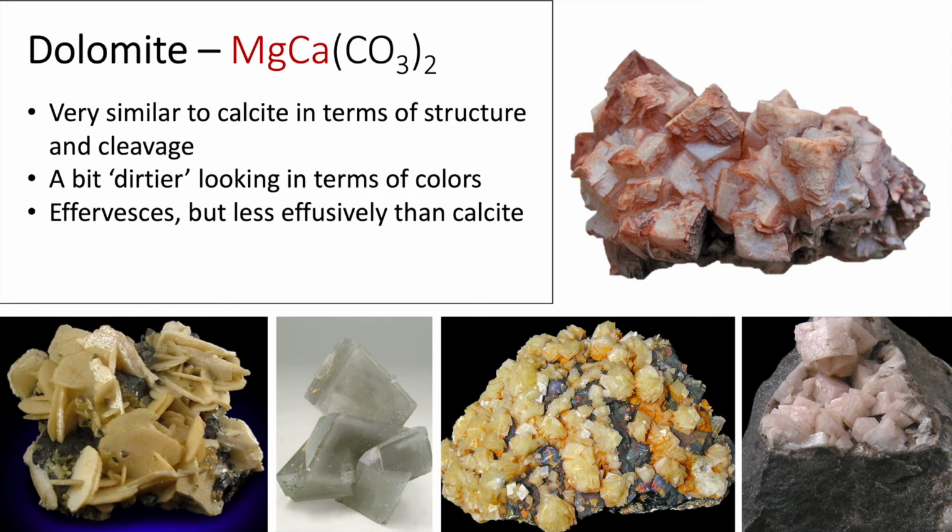It's usually helpful to check the effervescence, so try to bubble some HCl on it. Dolomite will effervesce, but a lot less effusively than calcite will. You've seen calcite gets a pretty strong reaction with hydrochloric acid. Dolomite, you'll get a few bubbles, but it will be a lot less evident than with calcite.